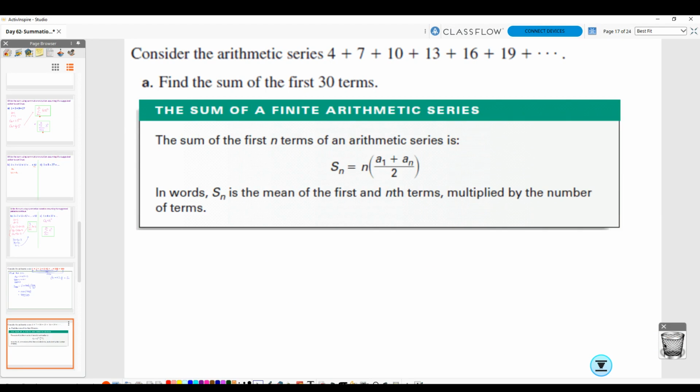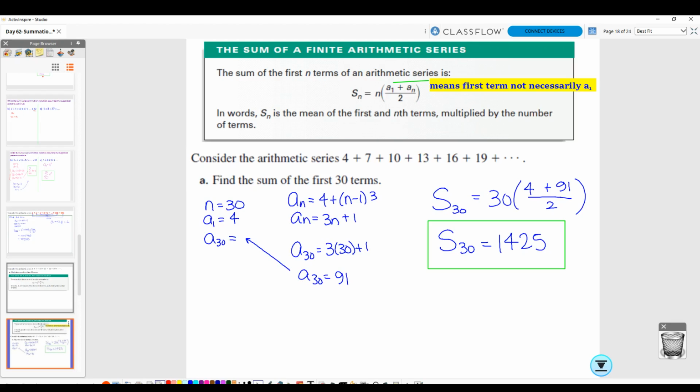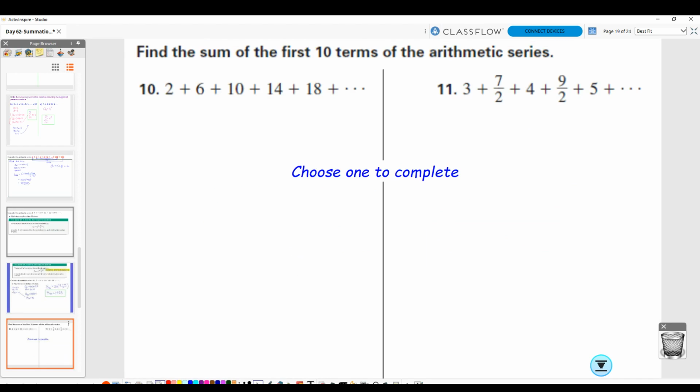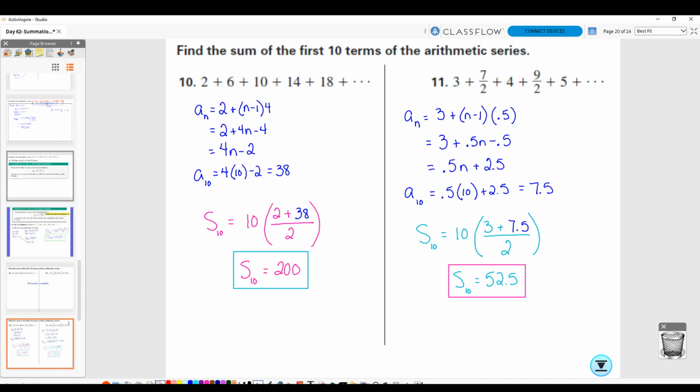And there's the formula written differently. And there's the sum of the first 30 terms that fit this arithmetic pattern. Okay, pause the video and try these. Generate the a sub n term.